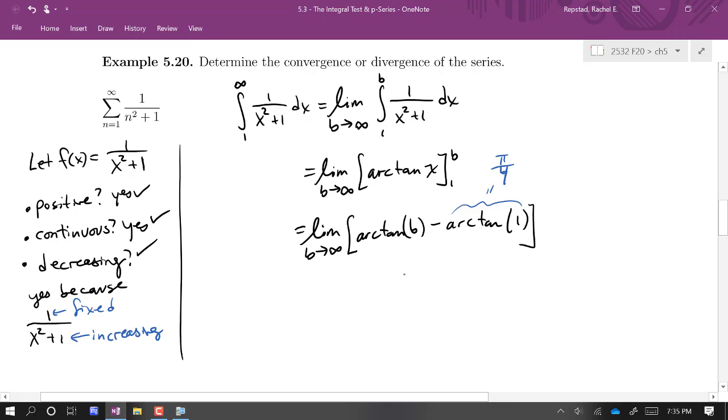Now the question is, what happens to the arctan function as the argument b blows up? As b gets huge, arctan of b does actually approach a value.